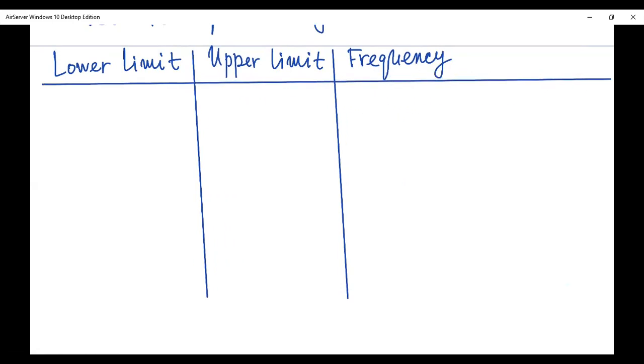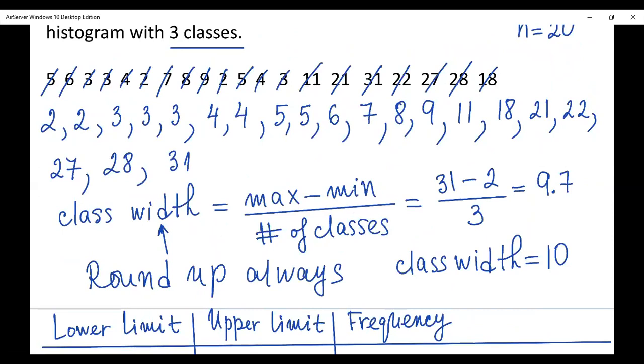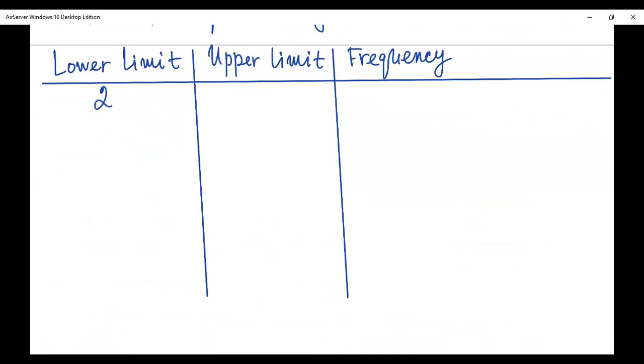So the first lower limit is always the minimum number that we have, which in our case is 2. So we have 2.